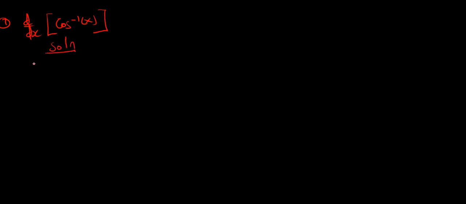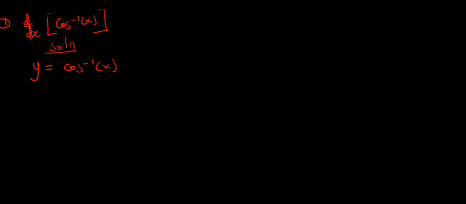Let's let y represent the function. So y is cos inverse of x. Now we do not know how to differentiate cos inverse of x, so let's find a way to eradicate it. By the inverse rule of trig, when you multiply a trig function by its inverse, it will go to 1.